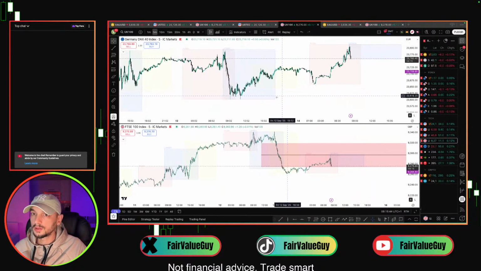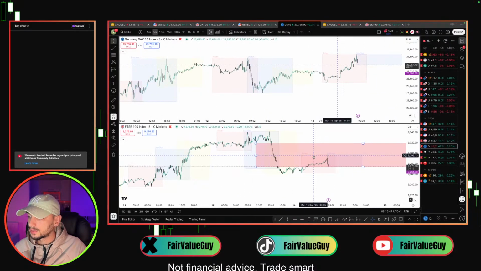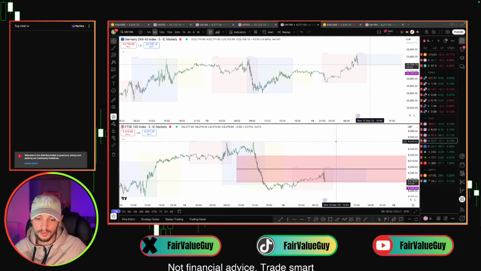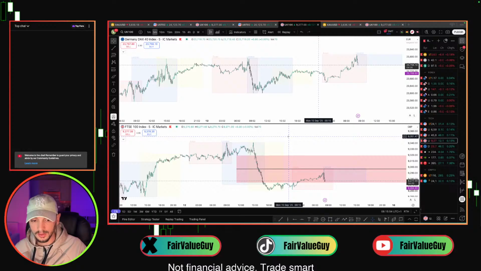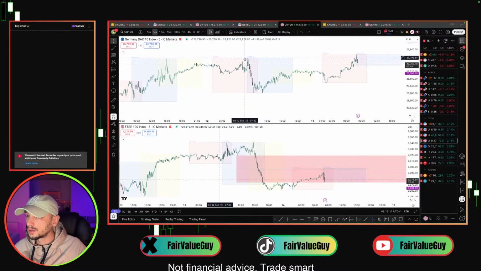Something else I noticed, this is the German index, which, if you look for SMT, it should be with the German index. And here we can see that the German index had taken those London highs.